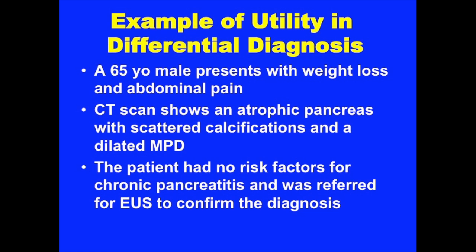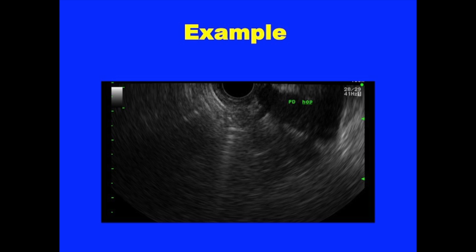There were very few of them, and the PD was markedly dilated without evidence of a focal stricture. So they were concerned that there was something else going on in this patient. Was it a patient who just happened to have an older presentation of chronic pancreatitis? But the patient had no risk factors for it, and he was referred for EUS to confirm the diagnosis.